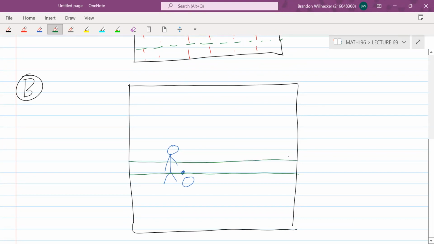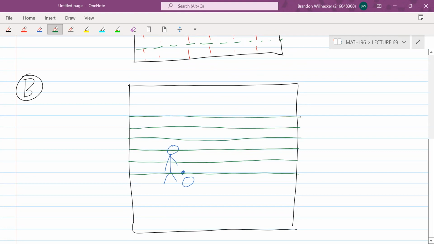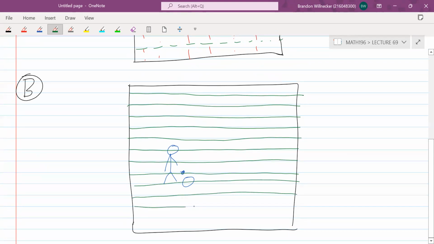So let's say that the vertical spacing is like this. We can call that 1. So it's 1 unit spaced vertical lines. However, going horizontally, with the vertical lines, I'm going to make it 2 units. Let's get that straight, like there.